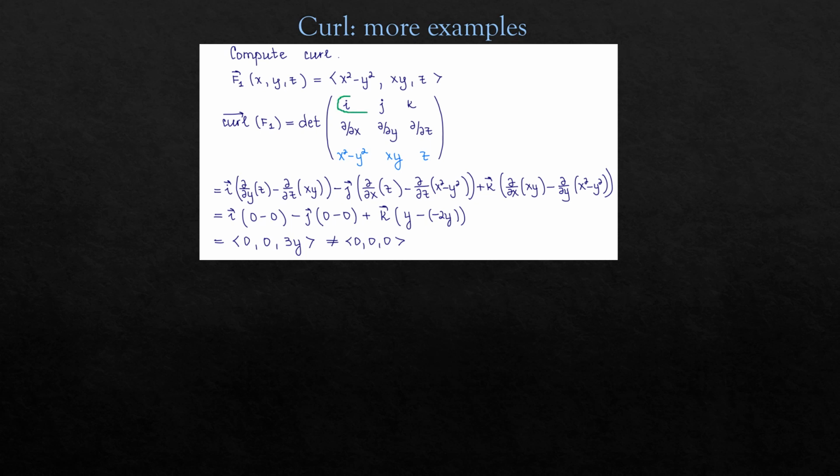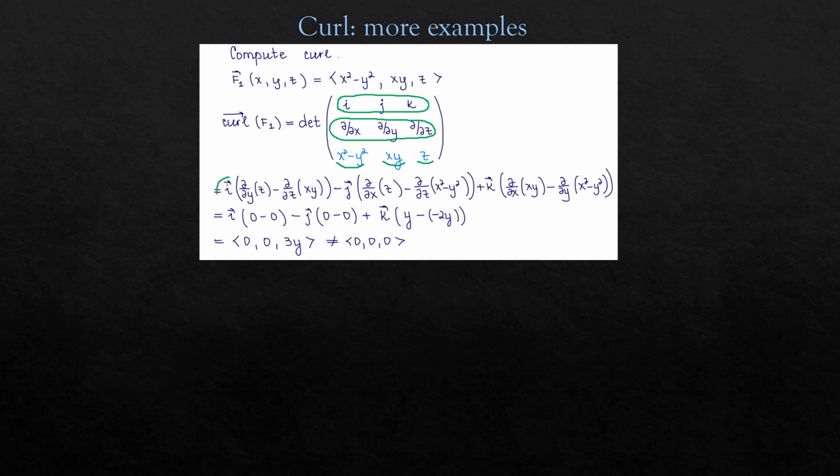So we have i, j, k on the top row, and then on the second row, we have partial derivative operators. And now I just copy my components: x squared minus y squared, x, y, and z. Carefully compute the determinant.